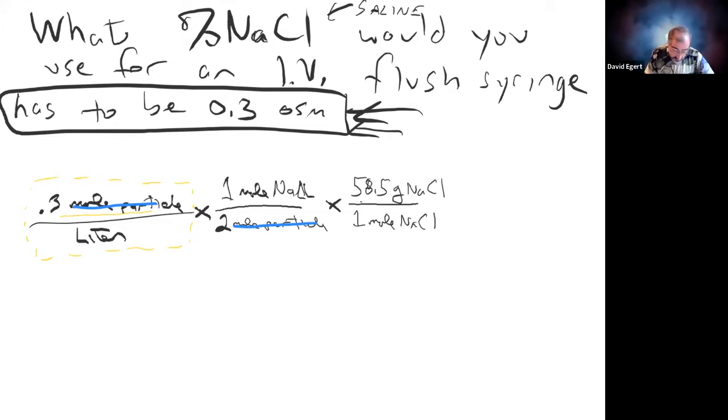So here I have this dimensional analysis. I have moles of NaCl, get rid of moles. And if I multiply through on this whole thing, I will get my calculator.